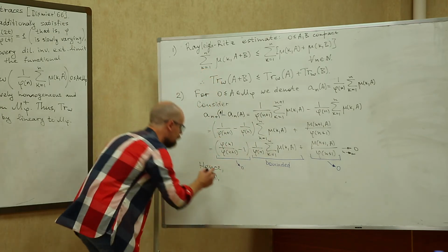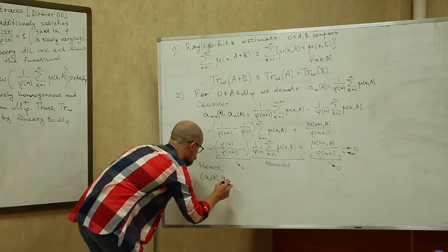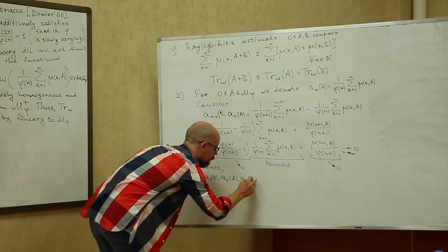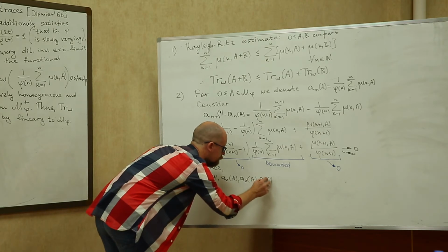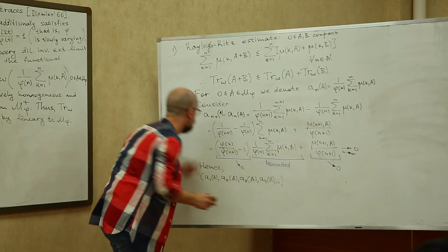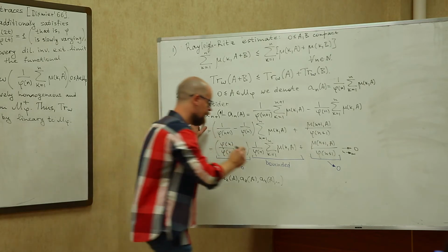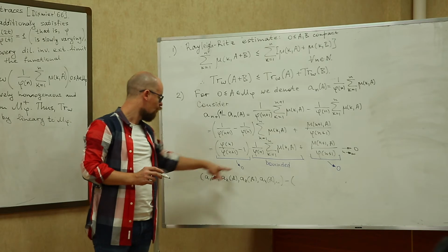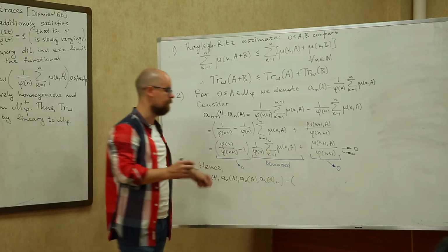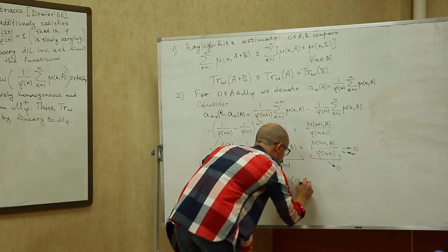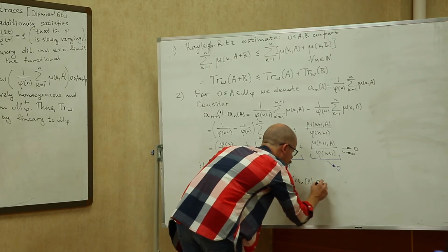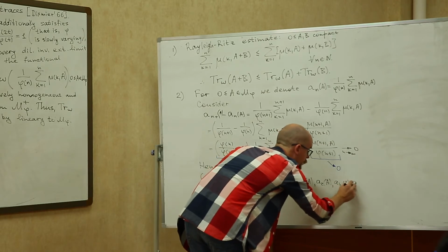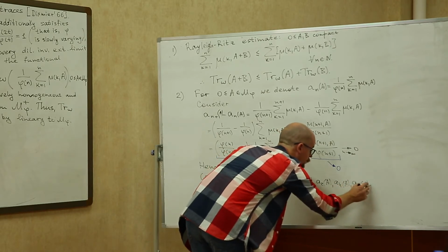So now if we consider this sequence, a_1, a_2, a_3, a_4, and so on. Using this result, we can subtract. So I will replace every odd element by the even element. So it's a_2(A), a_2(A), a_4(A), a_4(A), and so on.